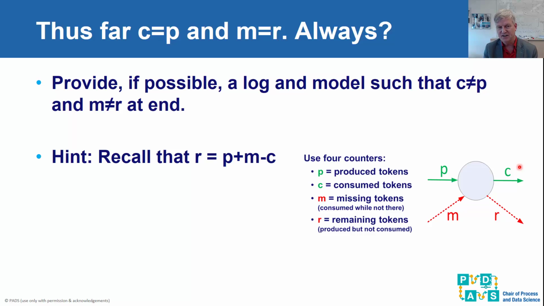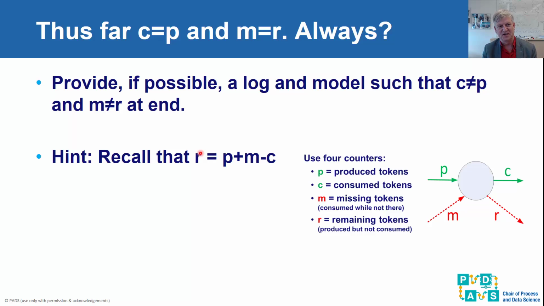In the beginning, I showed you an invariant, that the number of produced and missing tokens is equal to the number of consumed and remaining tokens at the very end. Just move C to the other side and we see that C plus R is equal to P plus M.